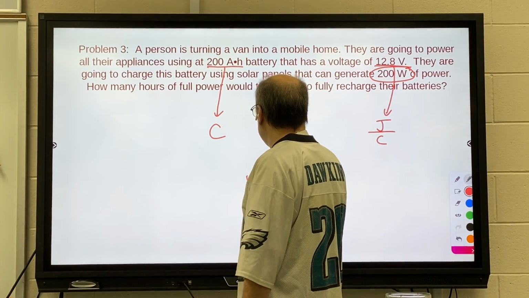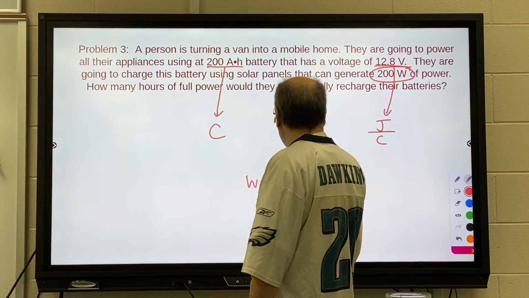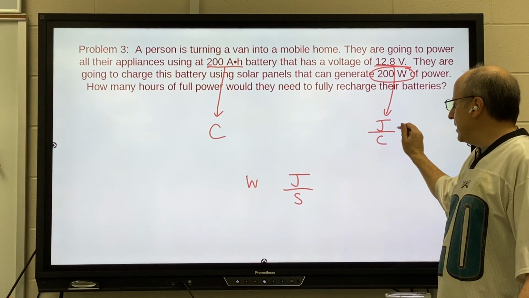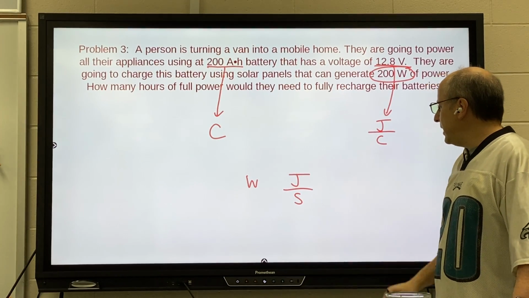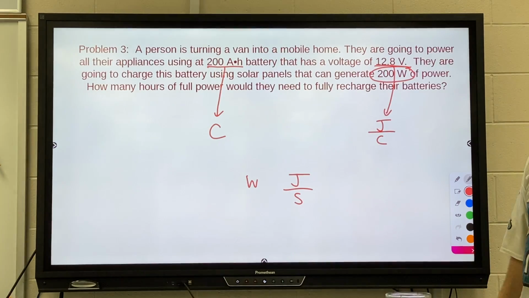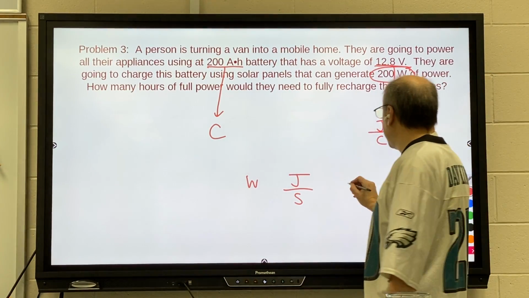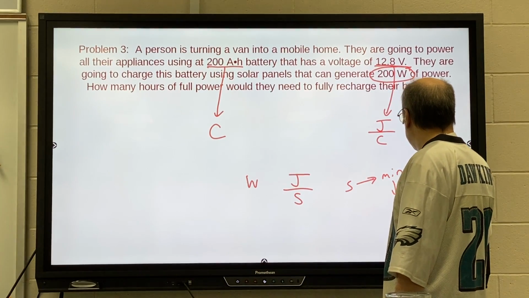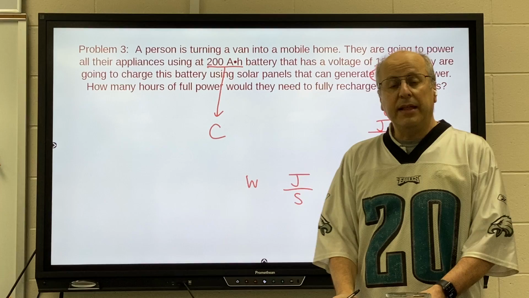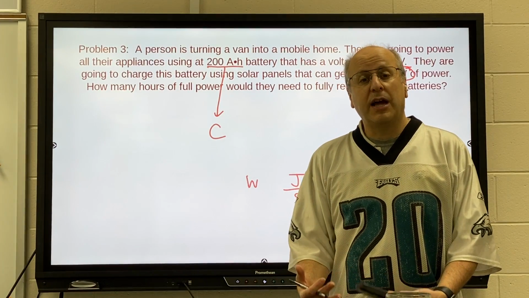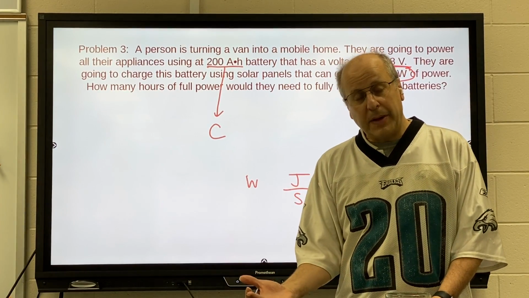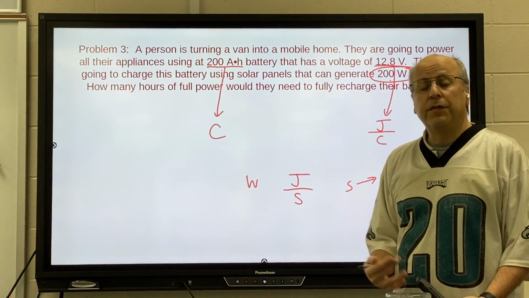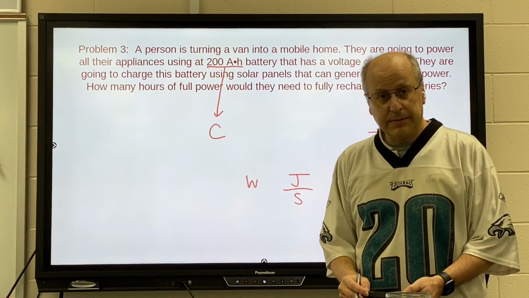So remember that watts are joules per second, and you should be able to turn your answer from before from joules into seconds based on your factor label. Once you have it in seconds, it's probably more appropriate to turn it to minutes and then turn the minutes into hours. Again, this will let the person know how much time they would need to have their solar panels collecting energy at a rate of 200 watts to fully recharge their batteries.